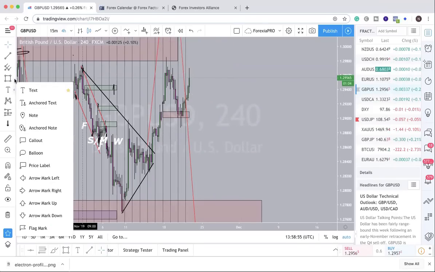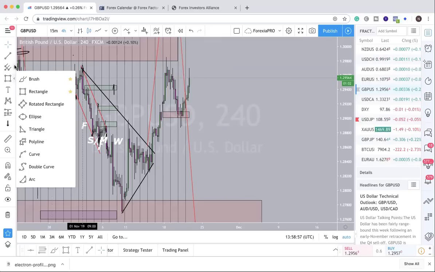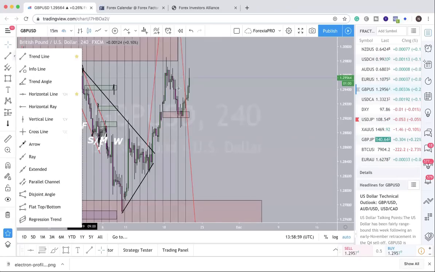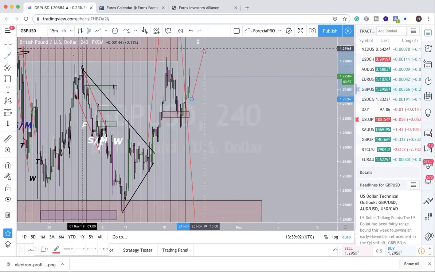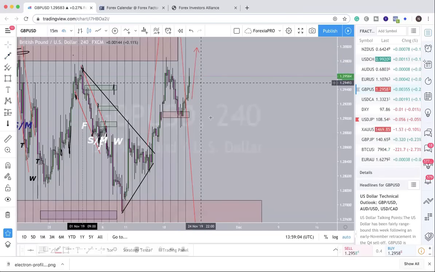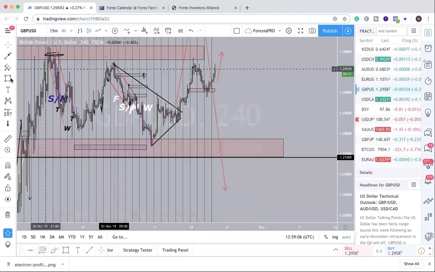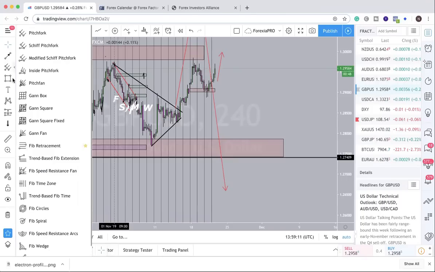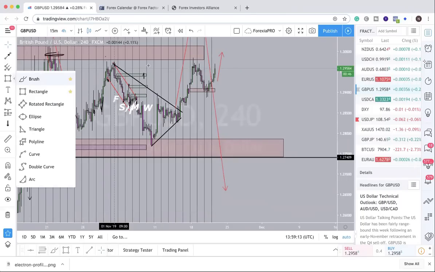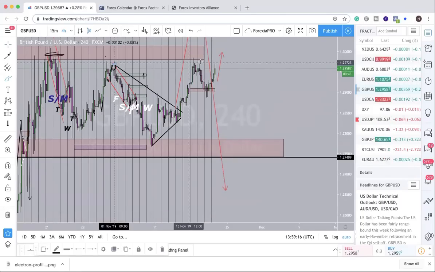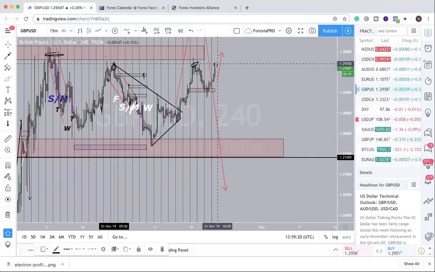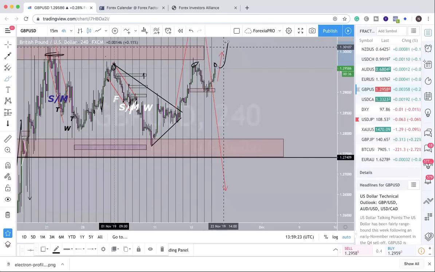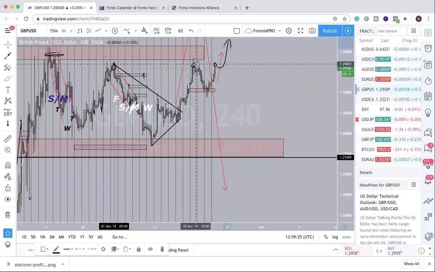Could definitely see more upside movement. Price has been working this range for a very long time. So in my opinion, they could break through and work the highs at 1.3.